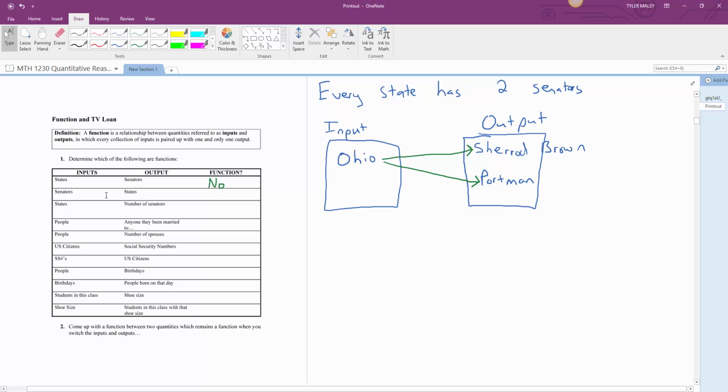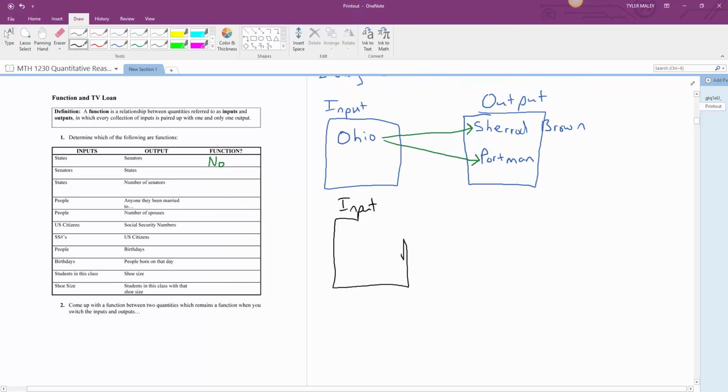Right. So let's look at another example. This is flip-flopped. So now my input and here's my output. We're saying the input are senators. So we could have Sherrod Brown and Portman, for example, from Ohio.